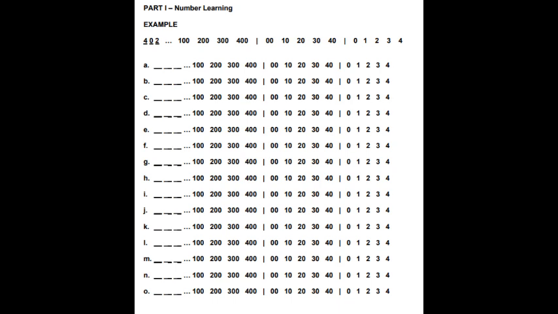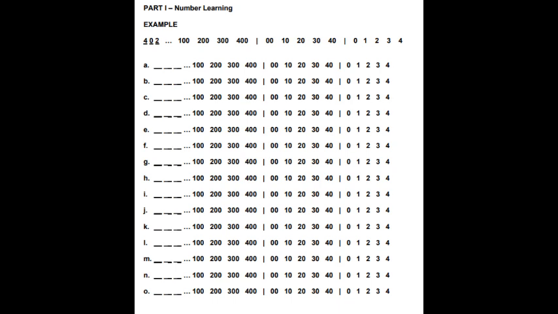Now we will go back to the top of the column where the example 402 is shown. Over at the right, you see 3 sets of answer spaces, one for the hundreds, one for the tens, and one for the units. See how the number 402 has been entered in these answer spaces.